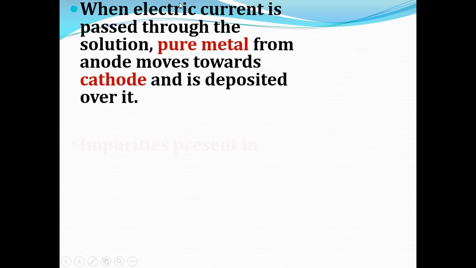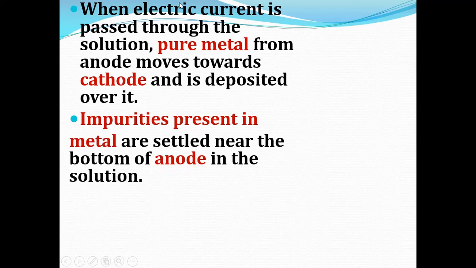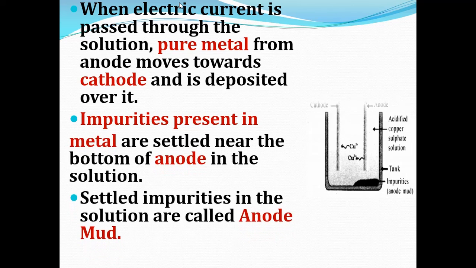When electric current is passed through the solution, the pure metal from the anode, which contains the lump of impure metal, moves towards the cathode and is deposited over it.